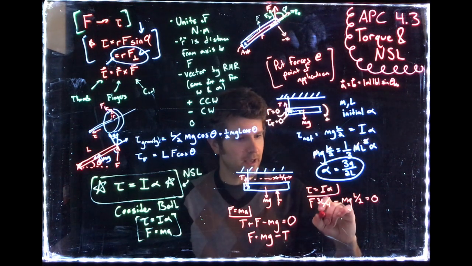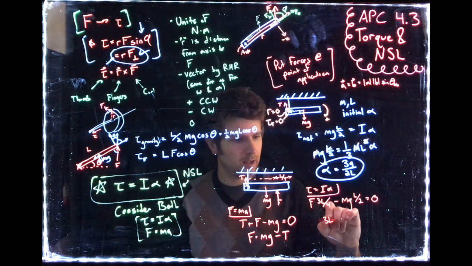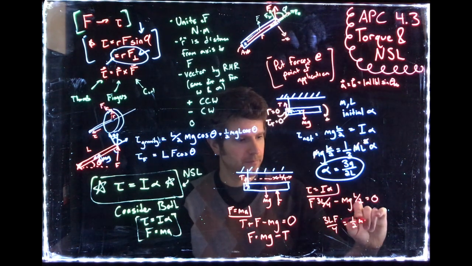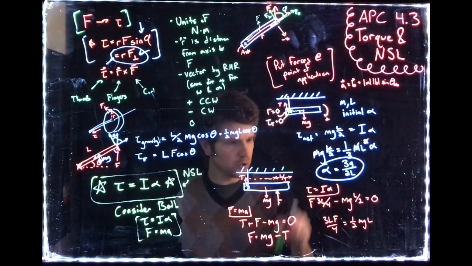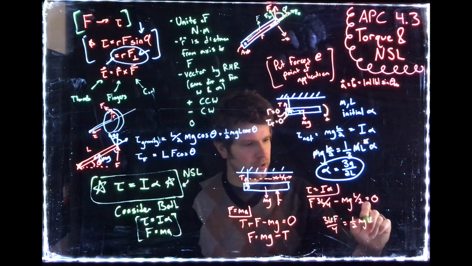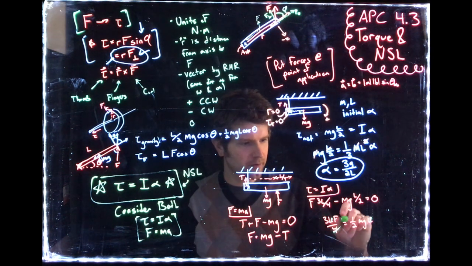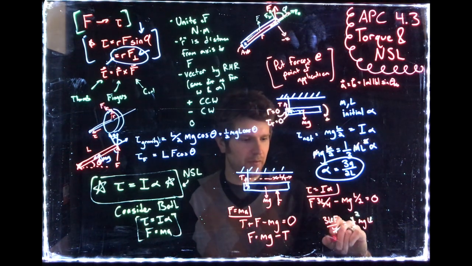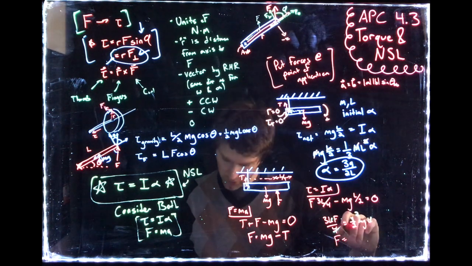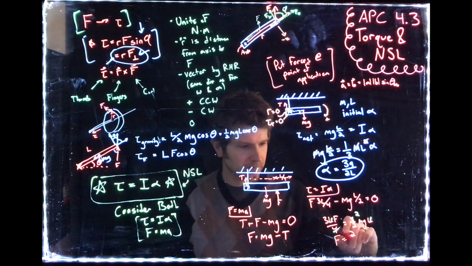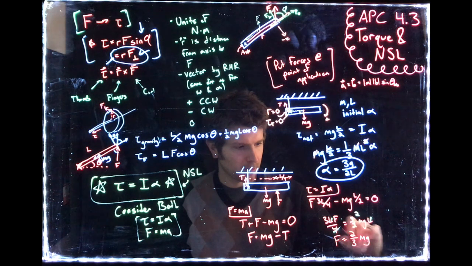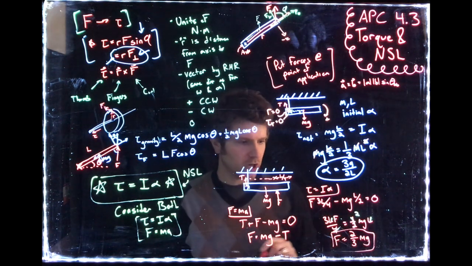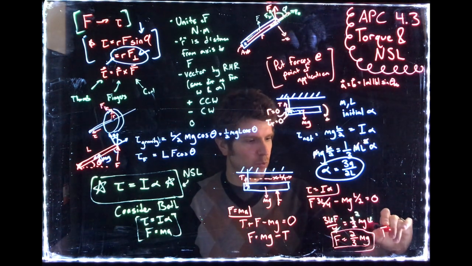Well, at this point, I get 3LF/4 equals 1/2 mgL. I can do a little bit of cancellation. My L's go away. I multiply over by 4, and this becomes 2. So what I find in the end here is that F equals 2/3 mg, which hopefully it's clear makes tension the other 1/3 mg.